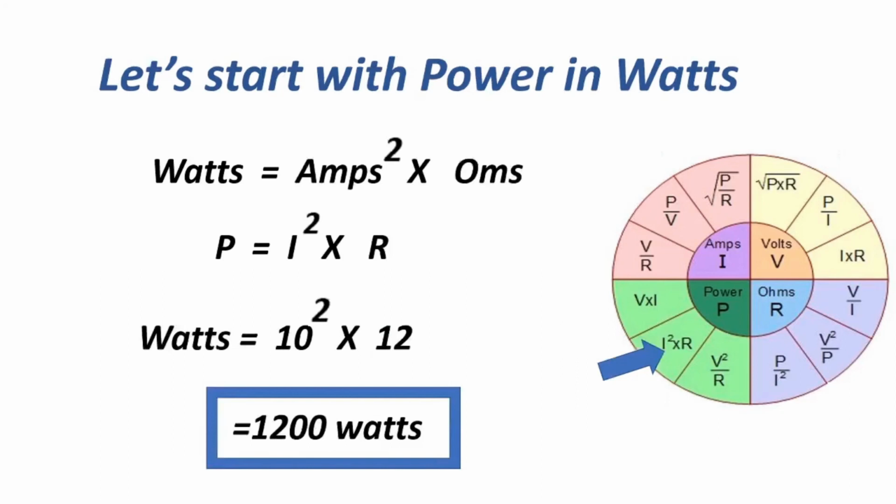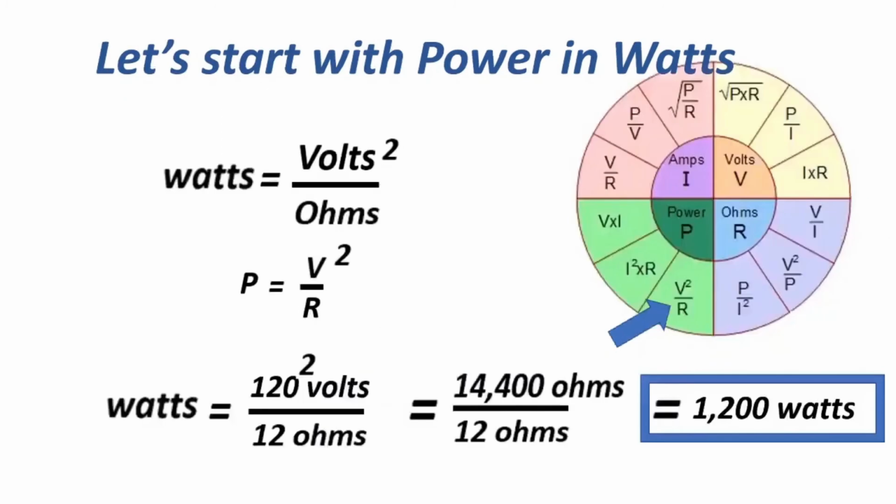The next formula for power is watts equals amps squared times ohms, or P equals I squared times R, equals 10 squared or 100 times 12. Our answer is 1200 watts. The next formula of power is watts equals volts squared over ohms, or P equals V squared over R, equals 120 squared over 12 ohms equals 1200 watts.